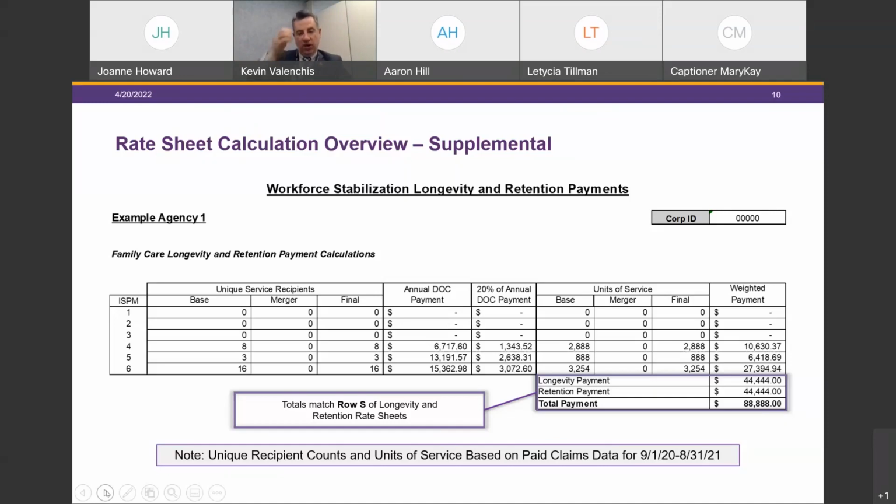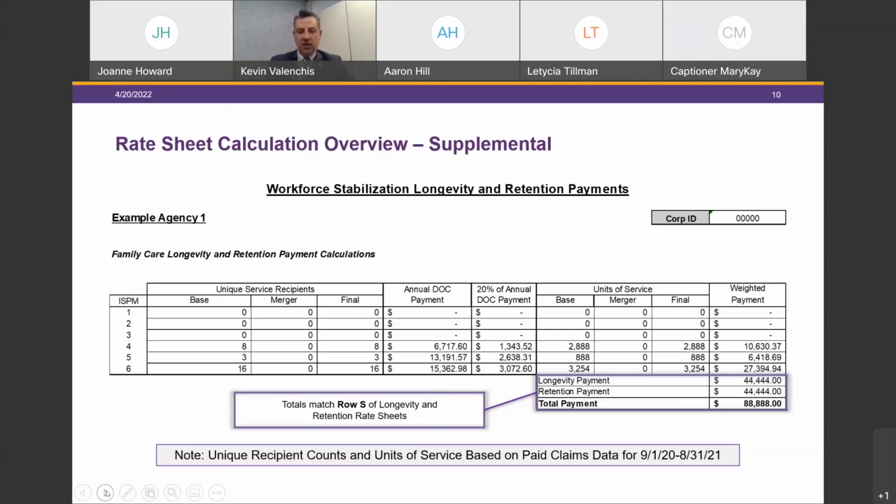So what you can see here is the units of service associated, the base, the 2,888 are associated with these 8 individuals who have an ISPM of 4. We have 3 people who had 888 units of service in that 12-month period who had an ISPM of 5, and we had a total utilization of 3,254 units for the 16 people who had an ISPM score of 6.